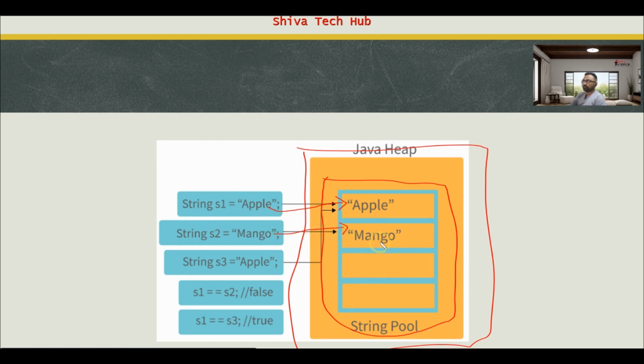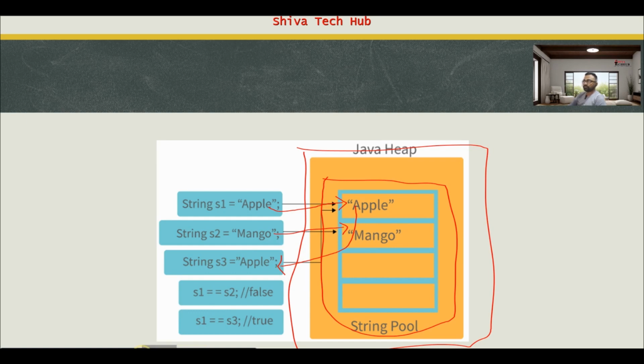Initially mango won't be present, so it stores this particular S2 in a specified memory area in the string pool. Then again it checks for the third string S3. For S1 we have already defined the same string apple, so it is already present in the string pool. So it directly returns this reference and stores this particular apple into S3. That is how the string pool works.